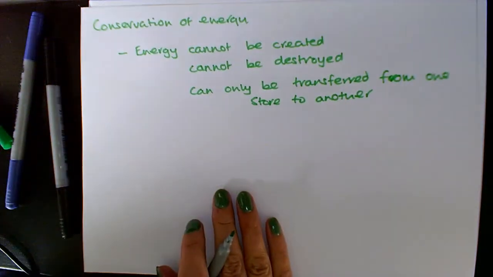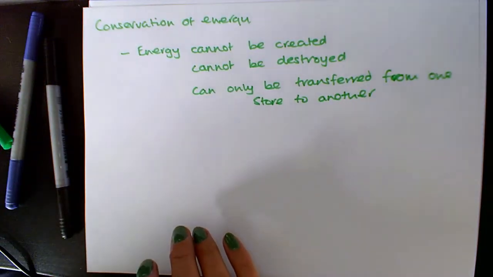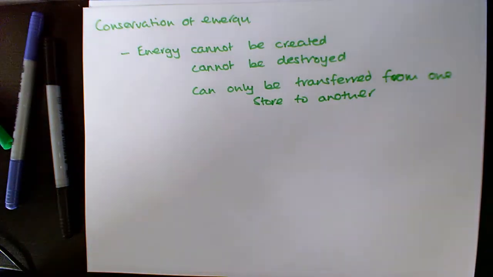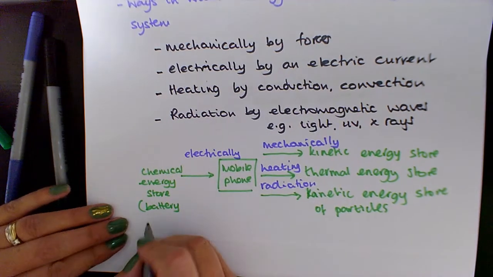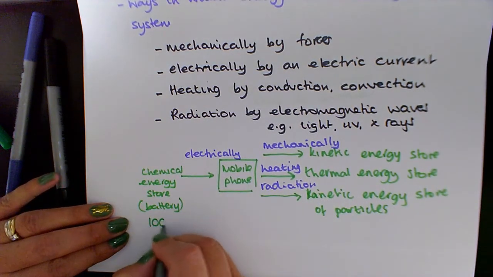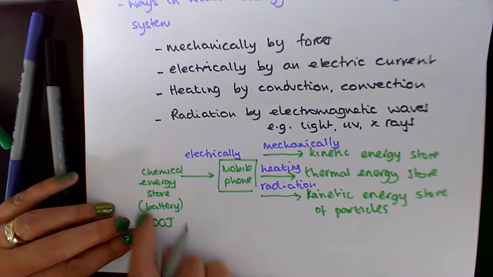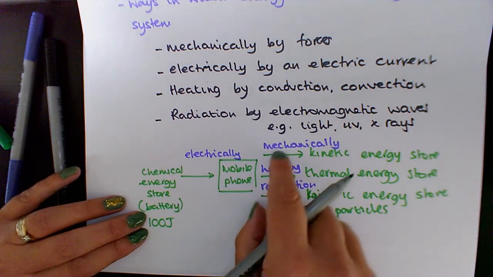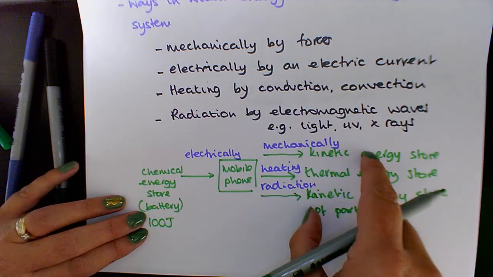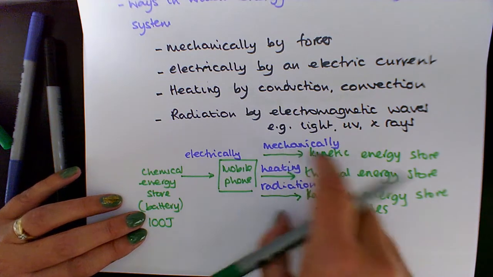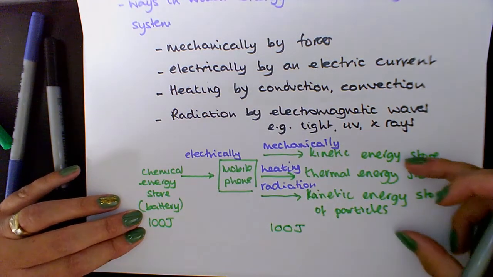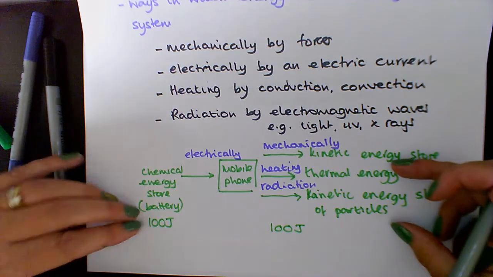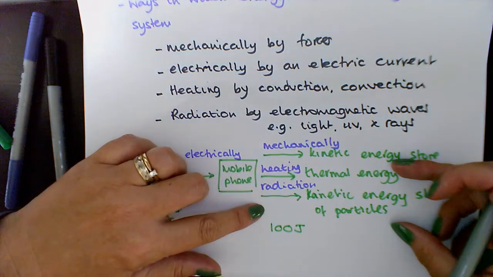So if I go back to the idea of my mobile phone, using this diagram here, if I start off with 100 joules of energy in my chemical energy store, at the end of all of my energy transfers, absolutely all of that 100 joules will be transferred on this side. Obviously not all of it's going to be transferred equally.